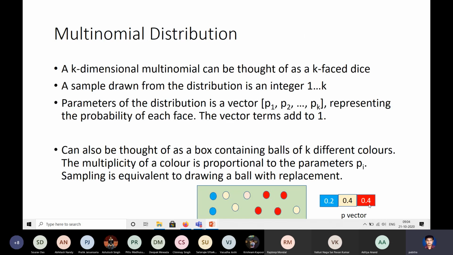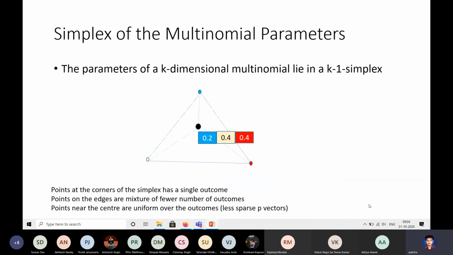So the parameters of every multinoulli can be thought of as a point in 3 dimensions. Or if you have a k-dimensional multinoulli, the parameter of every individual distribution, not sample, can be thought of as a point in k-dimensional space.